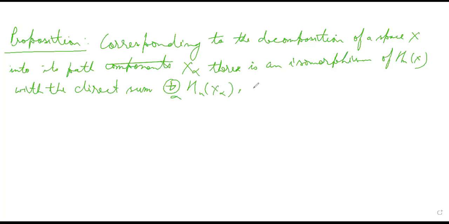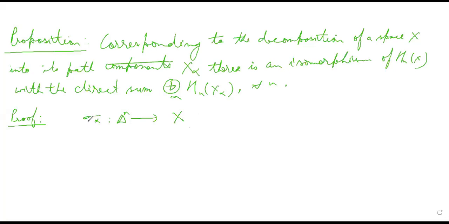So this is true for every proof. If your singular n-simplices are what? They are basically maps from here to here.